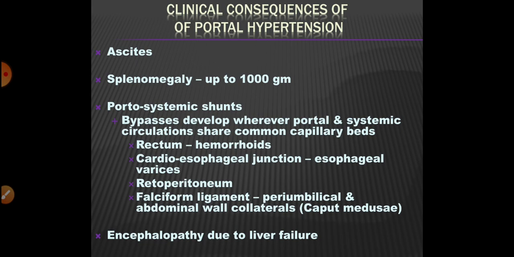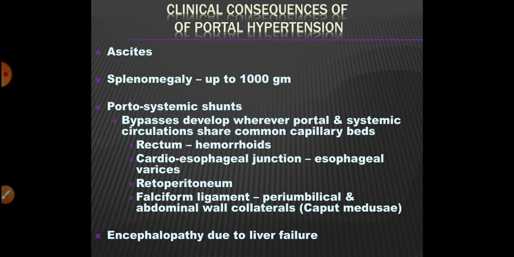Portosystemic shunts, or bypasses, develop wherever the portal and systemic circulation share a common capillary bed. Such shunts are seen in the rectum, which will present as hemorrhoids.